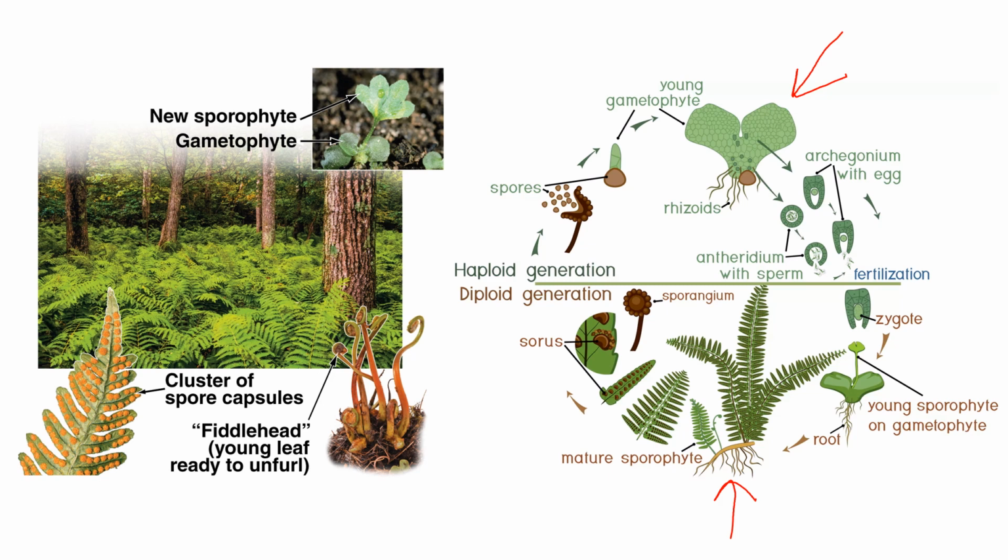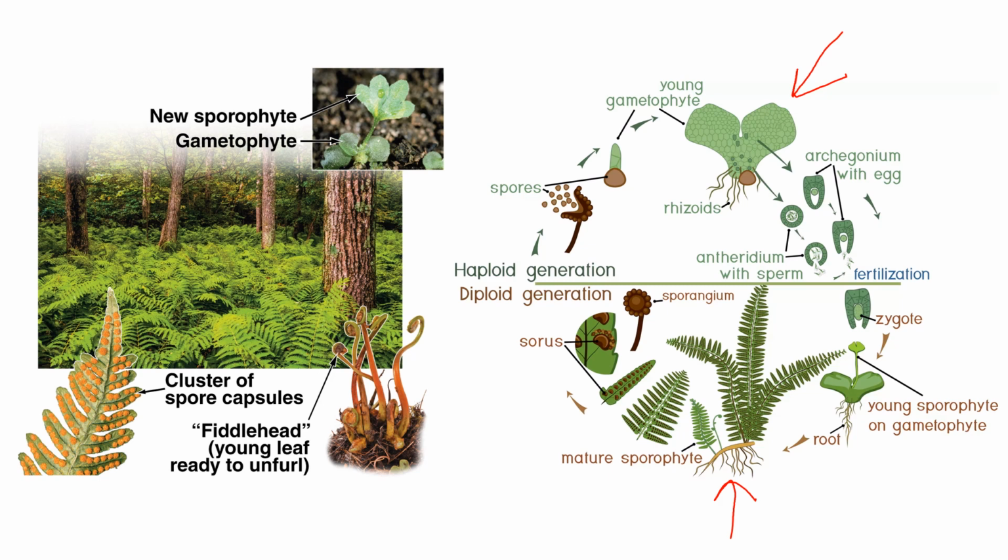The young gametophyte has this heart structure, and there's a part of it that is the female part, and there's a part that's the male part. So we have what we call an archegonium, which is the egg, and then we have an antheridium, which is going to have the sperm. The sperm is then going to need to get to the archegonium and fertilize it.